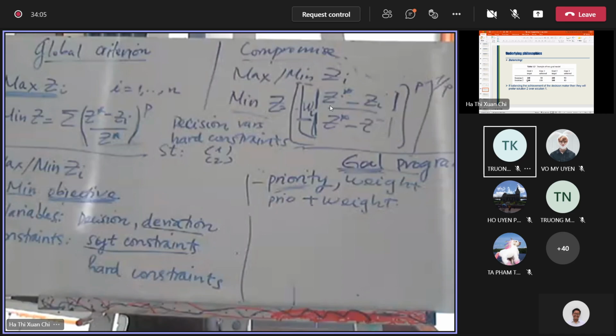You can see that in solution 1, the first goal is not achieved and the second is also not achieved, right? But for solution 2, at least they achieve goal 1. So one goal they achieve, but for solution 1, they don't achieve any goal.